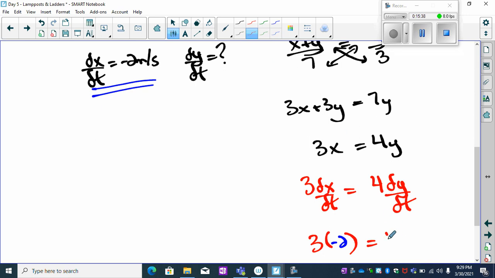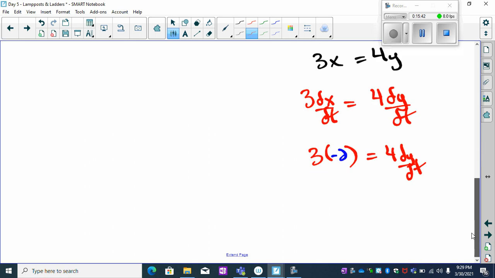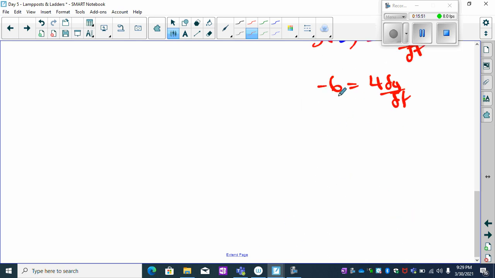And I can solve for dy over dt. I've got -6 equals 4 times dy over dt. Divide both sides by 4. -6 over 4, that's -3 over 2 meters per second for my dy over dt.